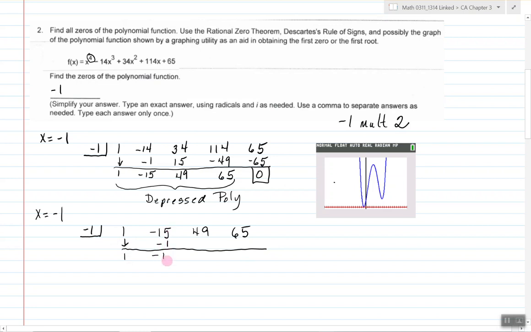Combine for -16. -16 times -1 is +16. Add for 65. 65 times -1 is -65, and so I did get another 0. This is simply division confirmation of what I saw over here. I have depressed this another degree.